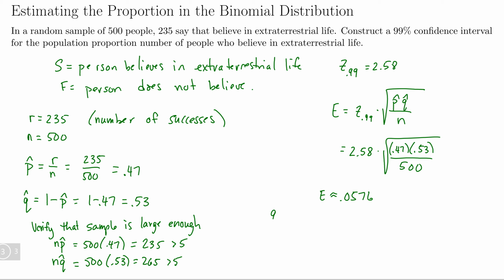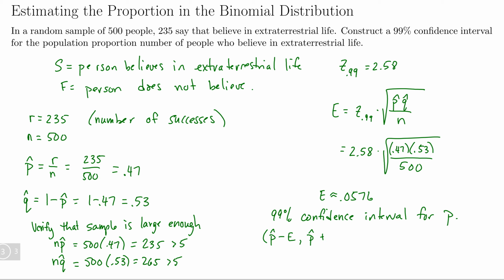So to calculate the 99% confidence interval for p, we'll do this the same way we did for the mean, except we'll use p hat.